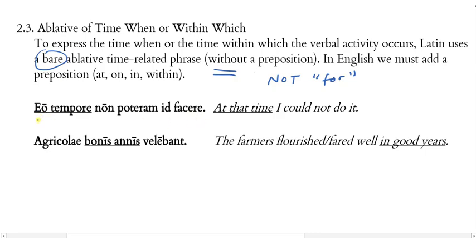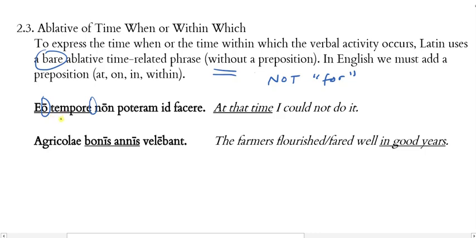Now, here eo is the personal pronoun, but if you recall in that chapter on personal pronouns, when the personal pronoun occurs in the same case and gender with another noun, then it takes on a demonstrative function, and we would then want to translate this as this or that. Now, notice this is ablative. That's an ablative case ending, and tempus is a third declension noun. Tempore is the ablative singular as well. So this matches in case, gender, and number.